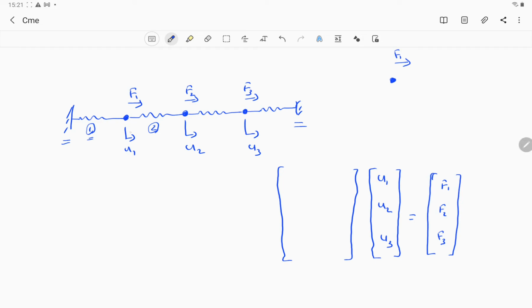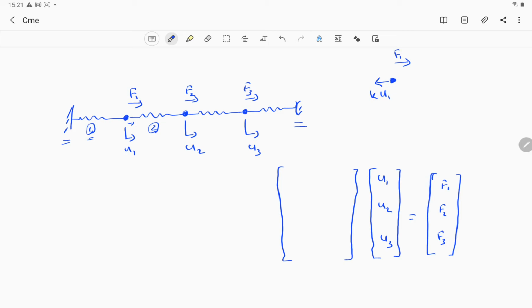If U1 is in this direction, then the spring force will be opposite to U1, so it will be in this direction. Let's say the stiffness of the spring is K. Then K into U1 is the force applied due to spring 1.